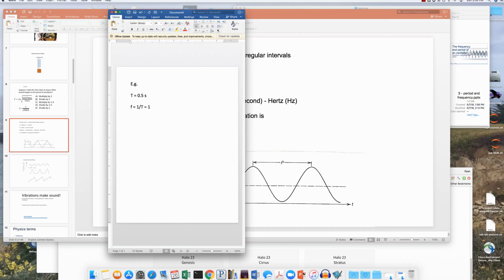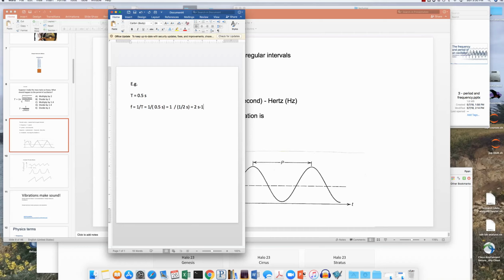So that would be 1 divided by 0.5 seconds, and I'm going to put that in parentheses just to make sure that it's super clear what's going on here. And 1 over 0.5, that's the same thing as 1 divided by 1/2 of a second. If you remember that when you take 1 over a fraction, you just flip over the fraction to make its reciprocal, you'll find that that's going to be 2 inverse seconds.